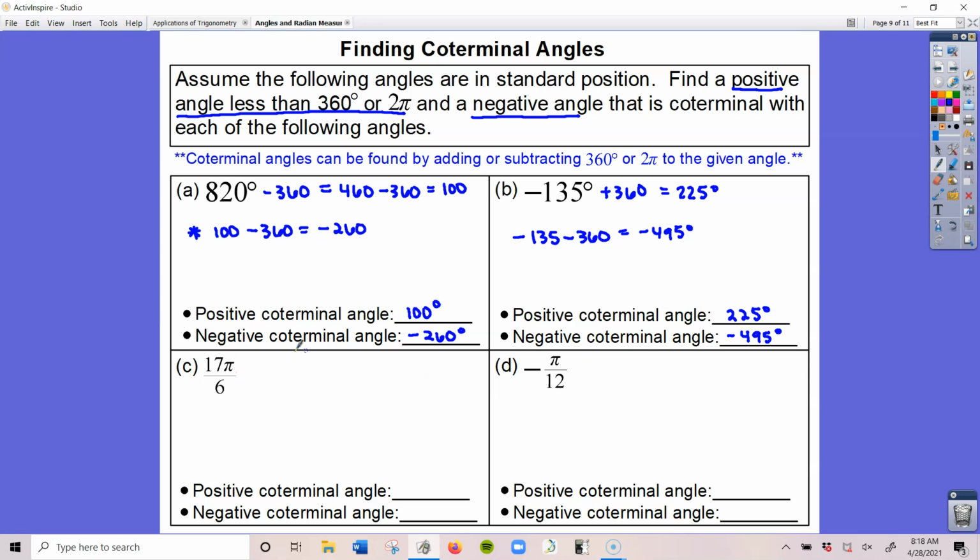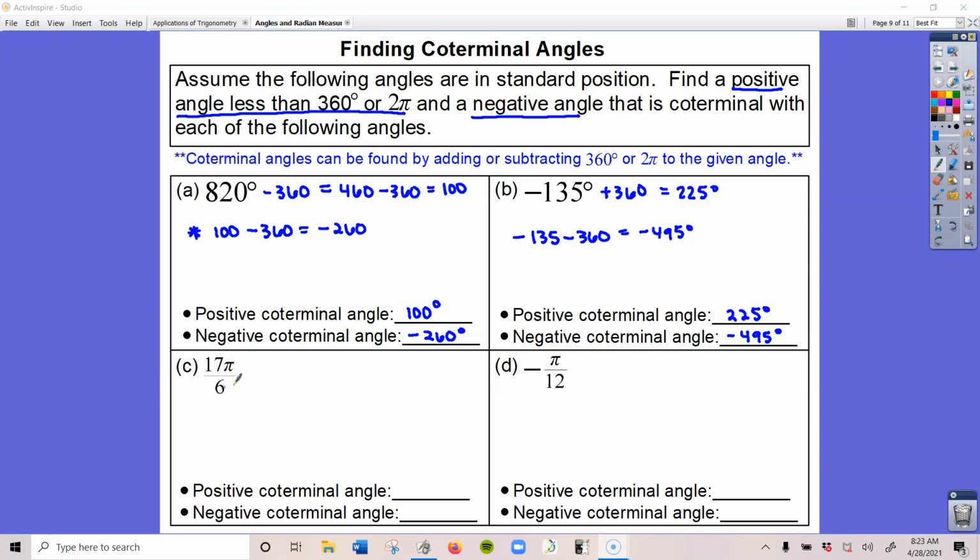Now let's look at when we shift over to radians. Here we have 17 pi over 6. Now I want a positive coterminal angle that is less than 2 pi as the instructions indicate. But I need to figure out if 17 pi over 6 is already more than 2 pi or if it's less than 2 pi.